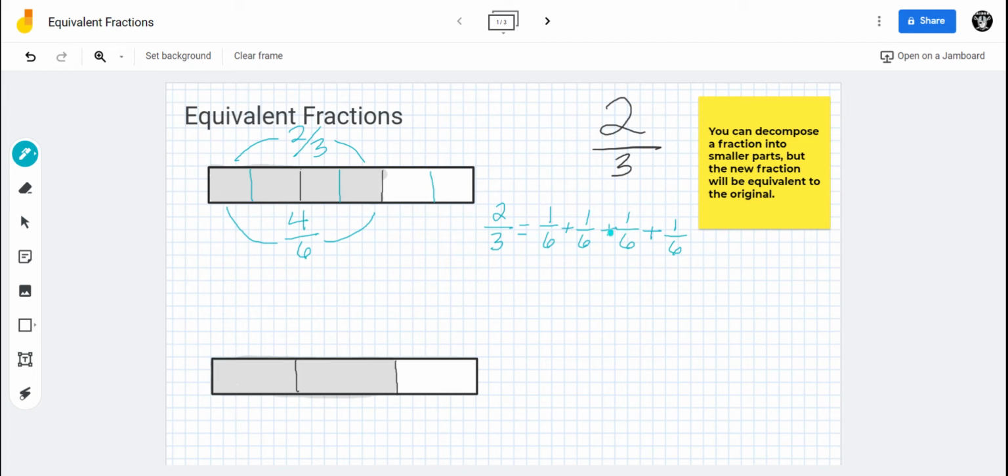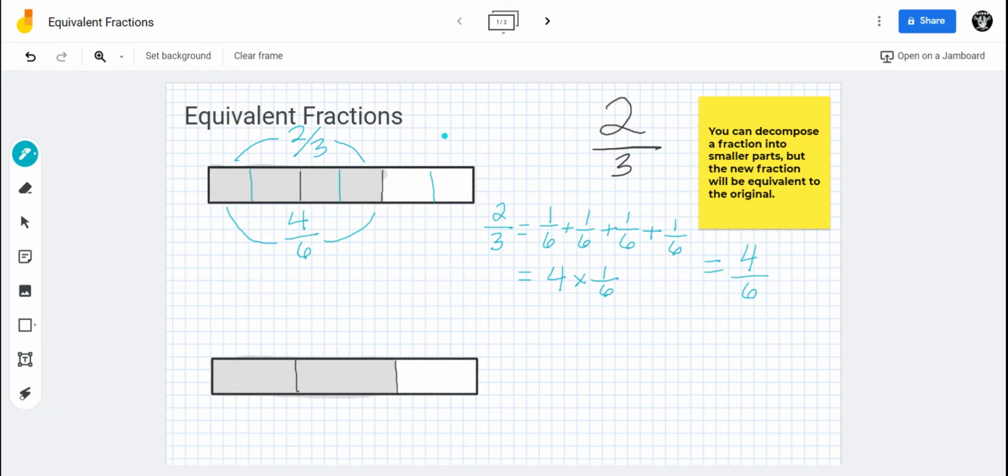So 4 groups of 1/6. You could also do it like this. You could say that 2/3 equals 4 times 1/6, right? And either way, no matter how you do it, you get 4/6. So we know now that 4/6 is equivalent to 2/3.